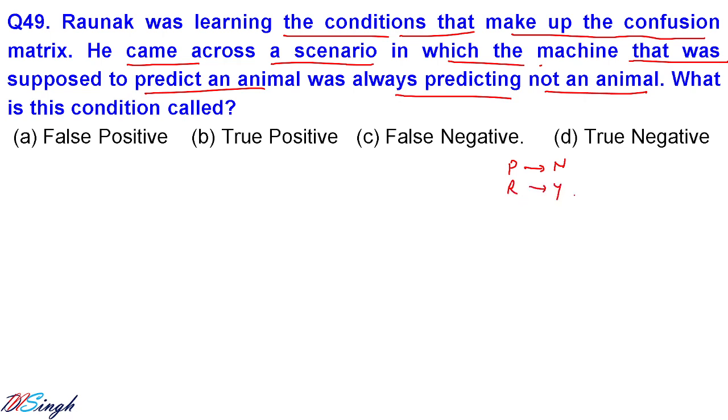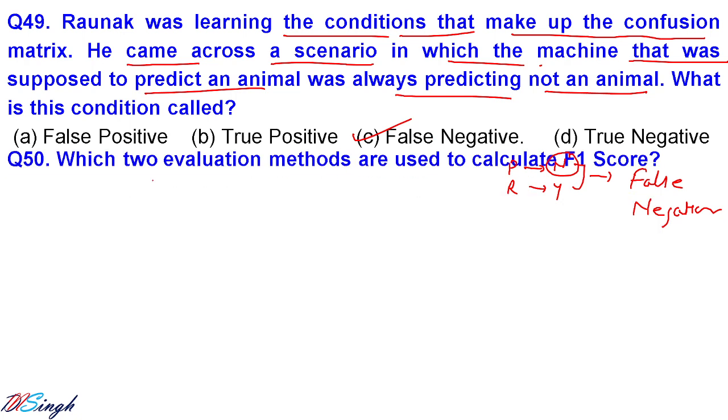Reality it is yes. So they both are not same. So first word is what? False. And second word will depend on the prediction value. Prediction is no, so it is what? Negative. If it is yes, it is positive. So the answer is false negative. And which option is correct? C option is correct for this one.